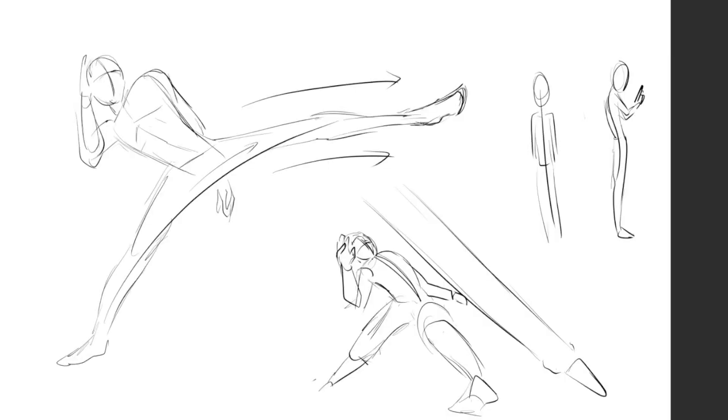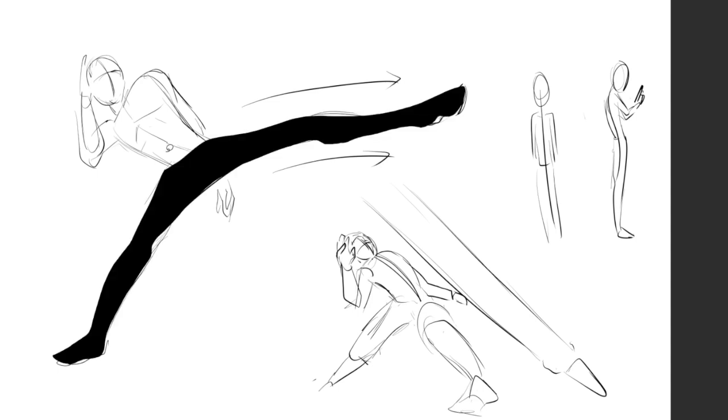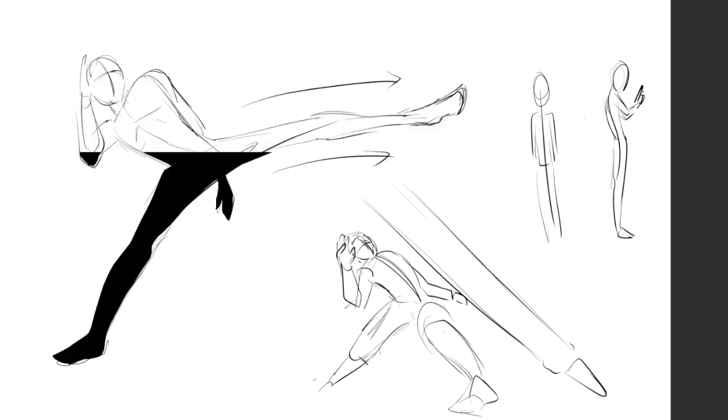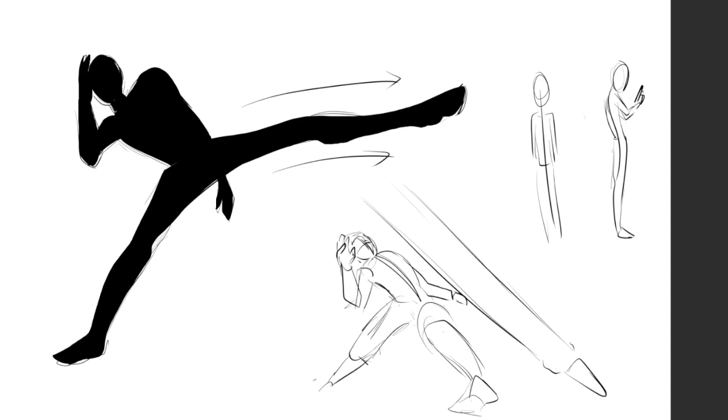In the previous examples, the character here basically already has a good silhouette. For example, this one has a silhouette of a kick, as you can see. This is the leg, and then the head. Even if you only have the silhouette, you already have an idea of what the character is doing. Maybe you can even make it a little bit better.